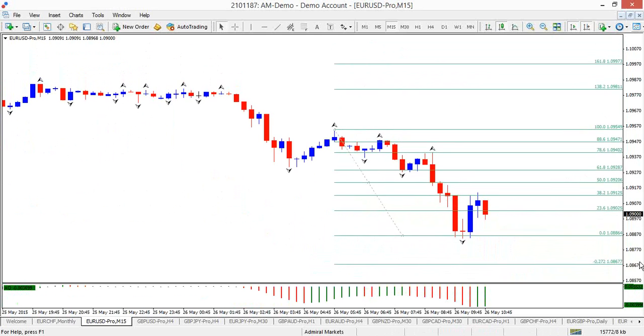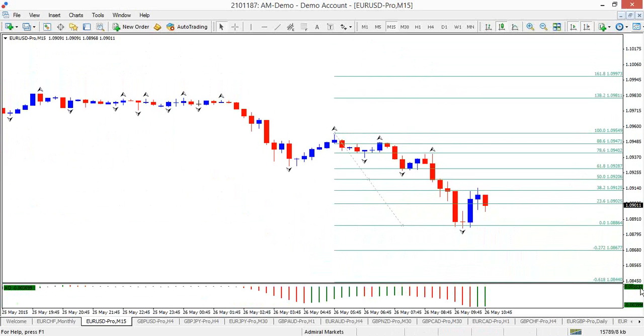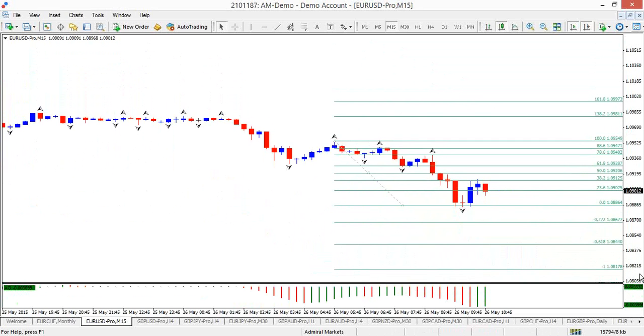Oh, target at 108. Let's see, 108.50 perhaps. That could be today's target. 108.25.